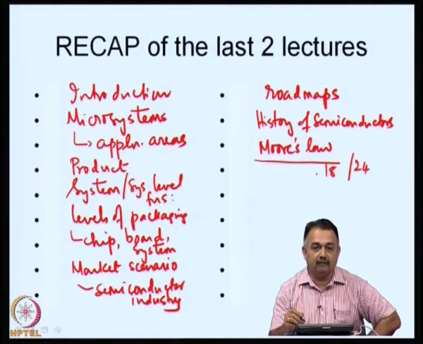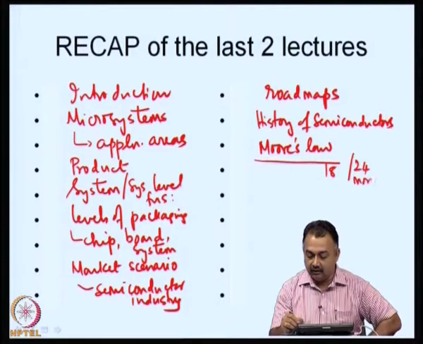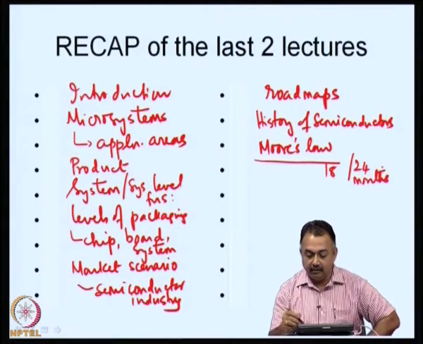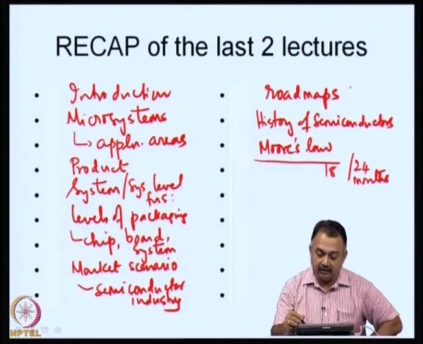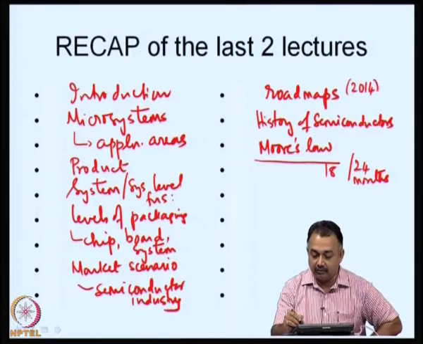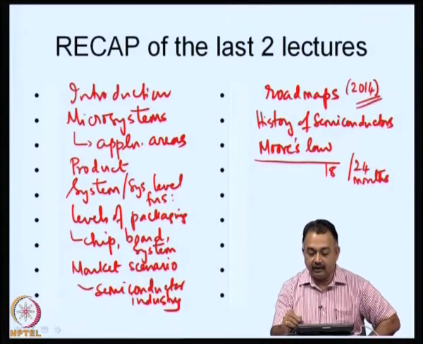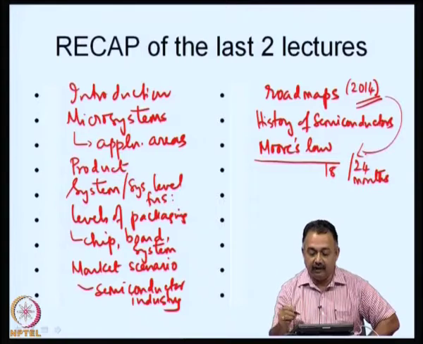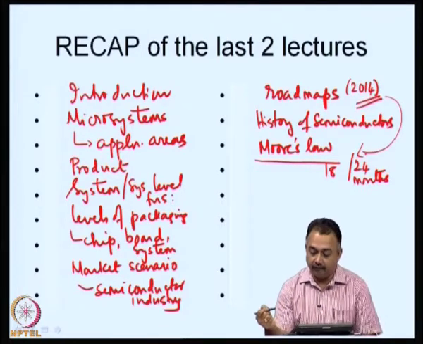But Moore's law is still valid today. We have seen the roadmap of ITRS and other industries up to 2014, which I showed in the last class, and it is a direct indication of the validity of Moore's law.